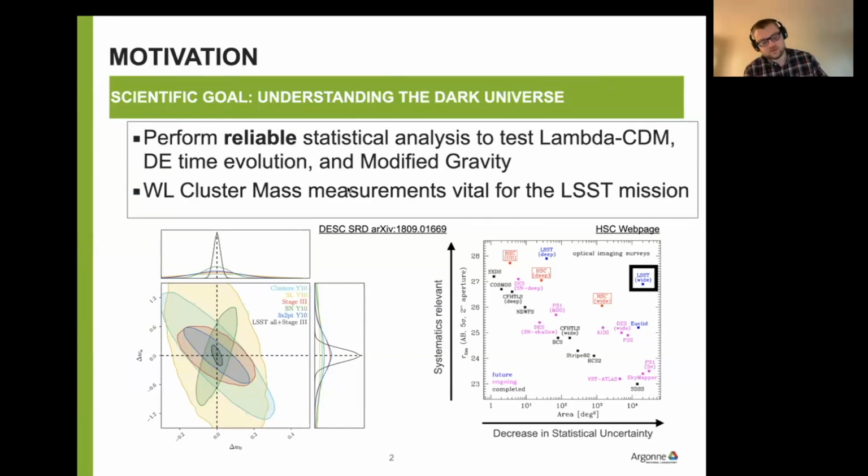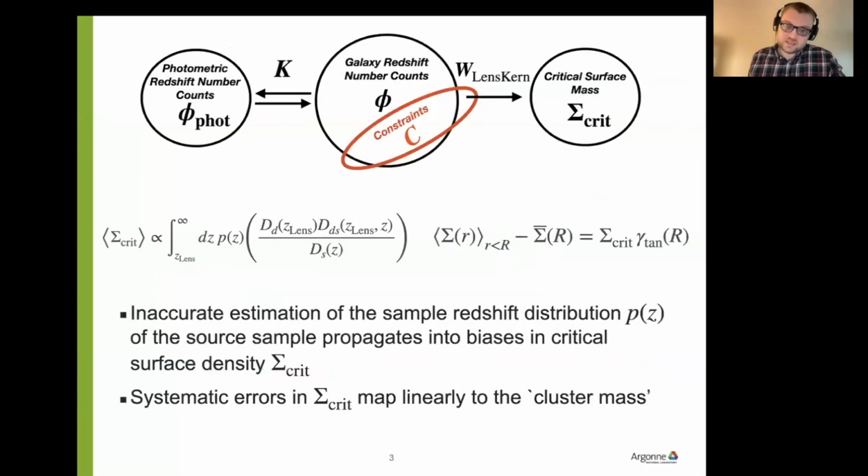But for LSST, we have one big challenge: we push to very deep observations, and we also decrease the statistical uncertainty in the measurement of cluster masses significantly, because we have very large areas of observation and a lot of background galaxies, source galaxies.